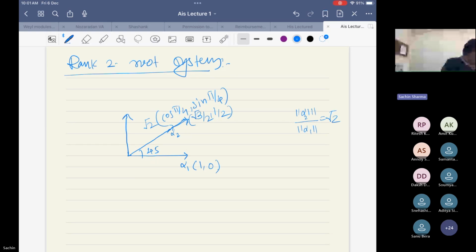What should be its length? This is my alpha 3. It turns out that you cannot have its length be root 2 times these. You will come to know that there are at most 2 root lengths, by using irreducibility of the root system. So this is a 90 degree angle. Again you move it by 45 degrees.